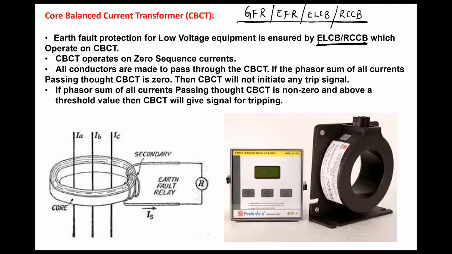Their operating time is very, very small. Understand? So earth fault protection for low voltage equipment is ensured by ELCB and RCCB, which operate on the core balanced current transformer.